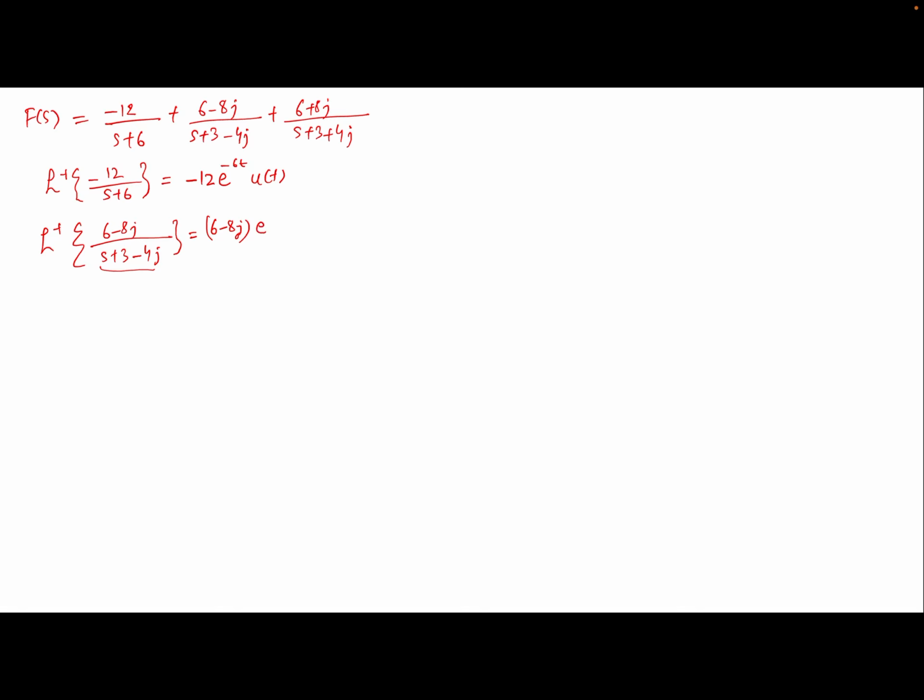So you can write e raised to power minus 3 plus 4j times t u of t. And similarly, the third one, 6 plus 8j over s plus 3 plus 4j, should come out to be 6 plus 8j times e raised to power minus 3 minus 4j t times u of t. Okay, great.